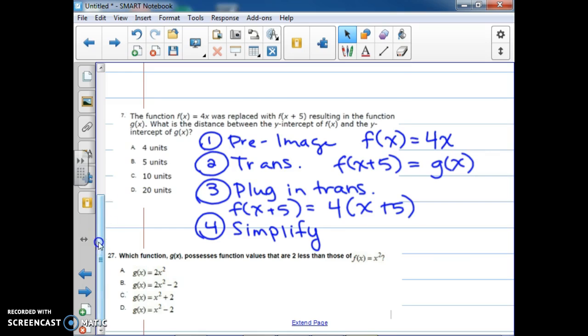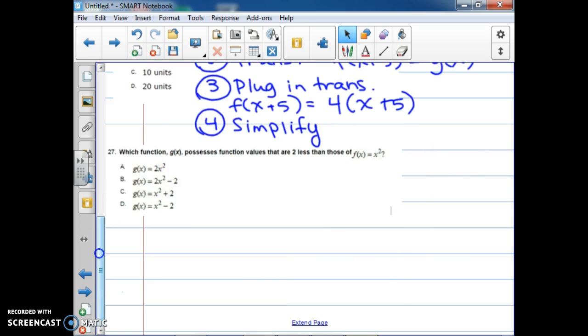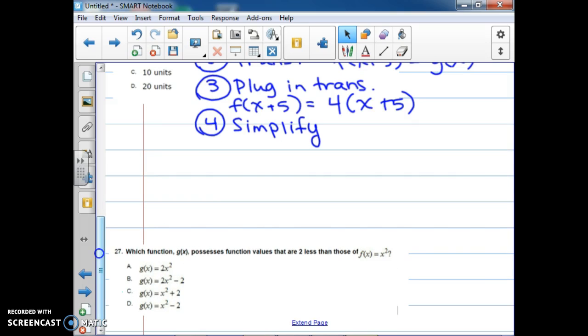So we know that f of x plus 5 will be g of x. And so I'm going to write this again. So this should become g of x.